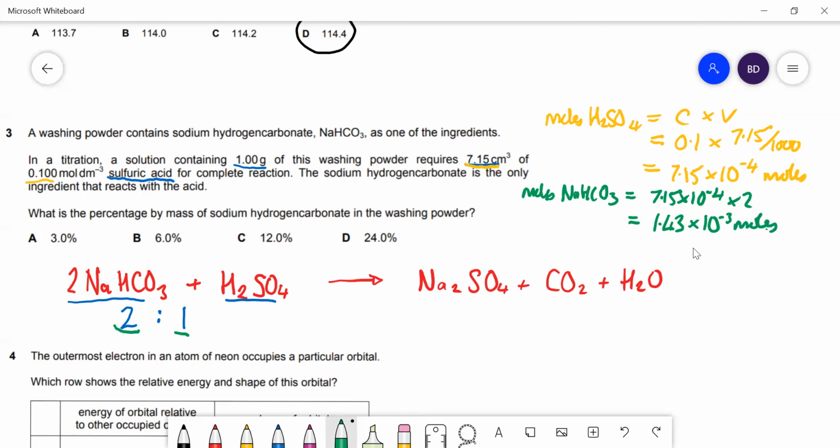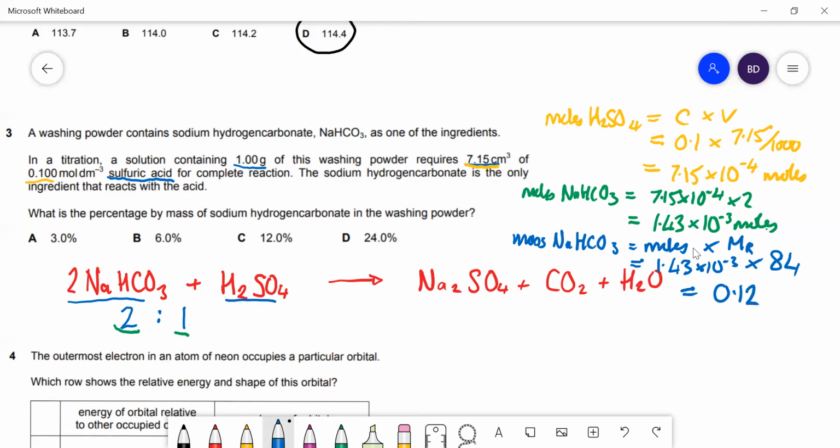Now we need to work out our mass of sodium hydrogen carbonate. So mass is equal to moles times the Mr. The Mr of sodium hydrogen carbonate is 84. So that's 1.43 times 10 to the minus 3 multiplied by 84, which gives us 0.12.